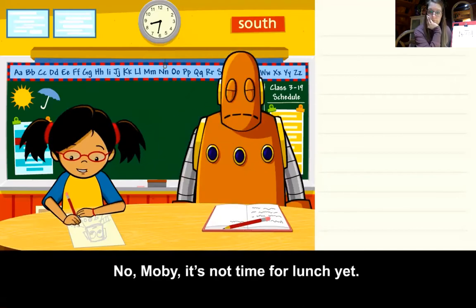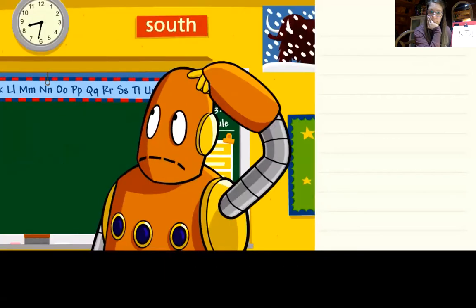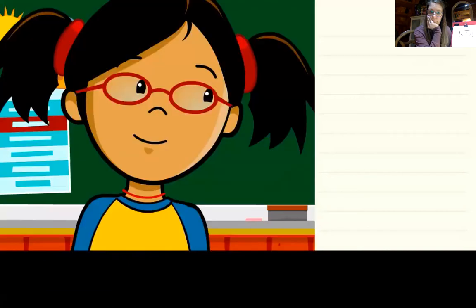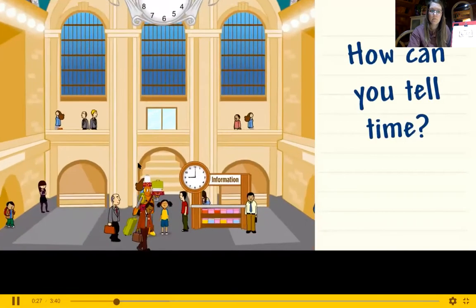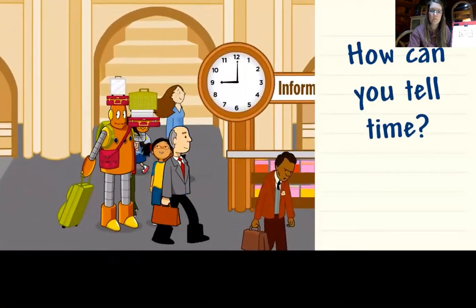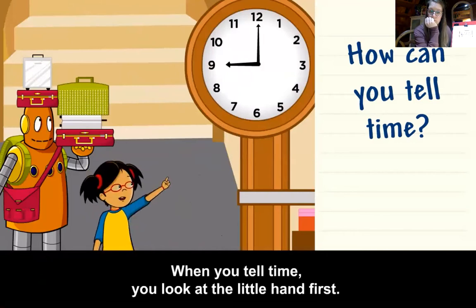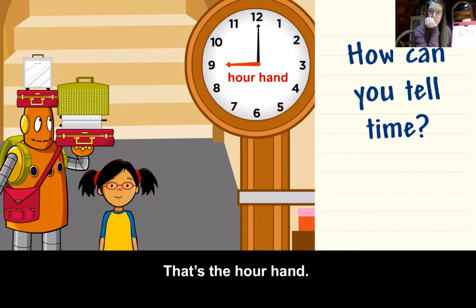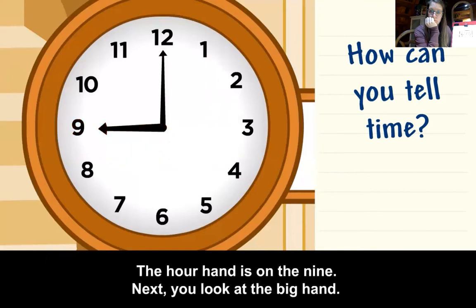No, Moby, it's not time for lunch yet. Look at the clock. How can you tell time? When you tell time, you look at the little hand first. That's the hour hand. The hour hand is on the 9. Next, you look at the big hand.